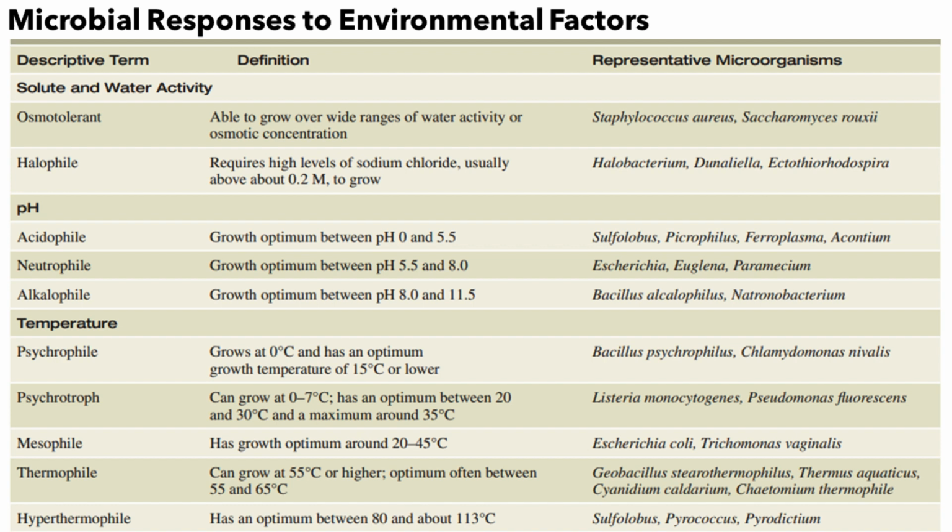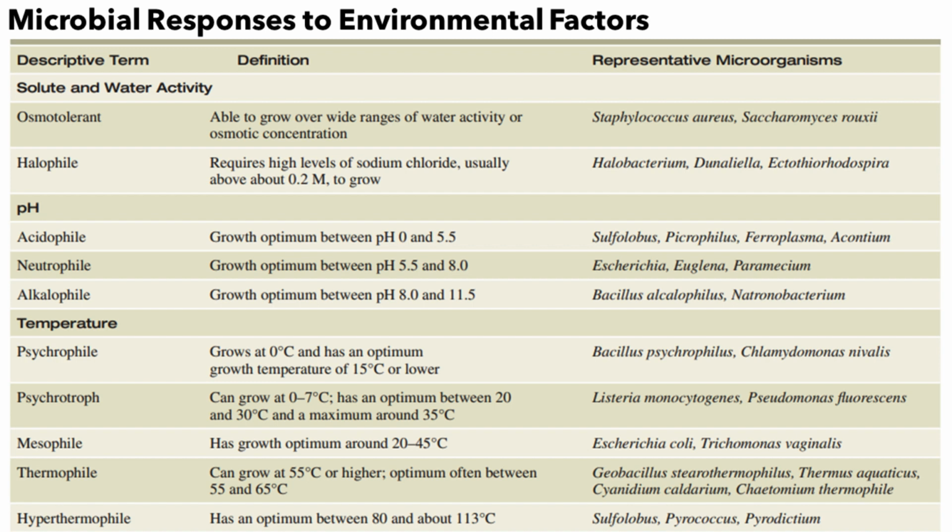Psychrotrophs can grow at 0 to 7 degrees Celsius, have an optimum between 20 and 30 degrees Celsius and a maximum around 35 degrees Celsius. For example, Listeria monocytogenes. Mesophiles grow optimally around 20 to 45 degrees Celsius. For example, E. coli.